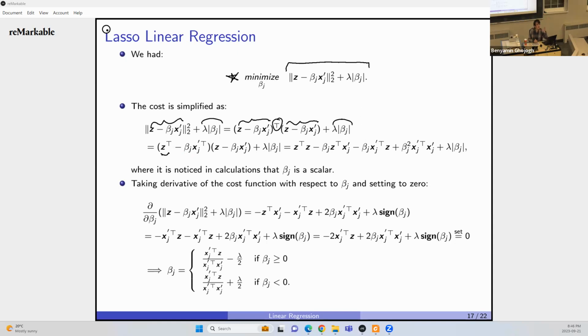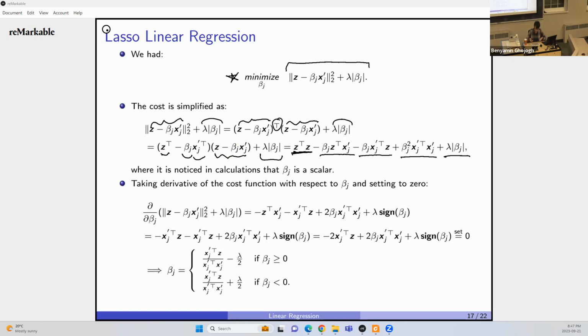Also, beta j is a scalar, nothing happens. But X j prime transpose I will have. What about this? This is the same. Also, this is like this. Now, I have 4 terms here, right? Multiply the terms together. Z transpose Z minus beta j Z transpose X j prime minus beta j X j prime transpose Z, these and the last term, okay?